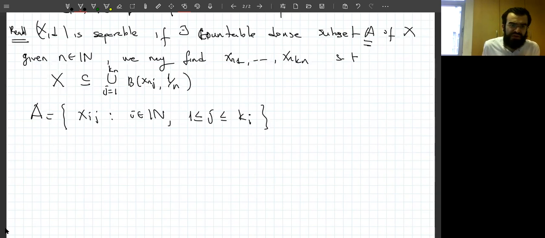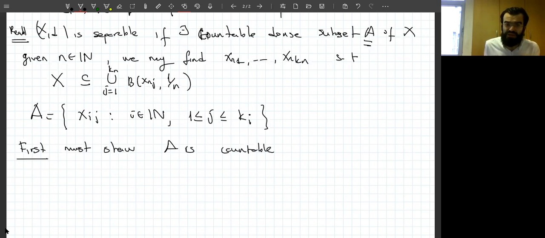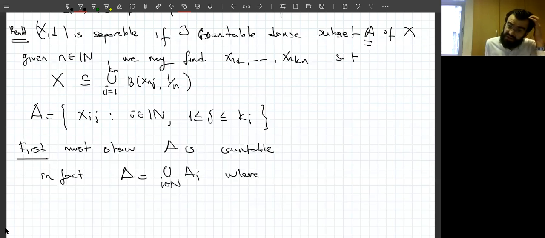Now, first, we must show A is countable. In fact, A can be written like this: the union over i in N of A_i, where A_i is what? x_ij, 1 less than or equal to j less than or equal to k_i.